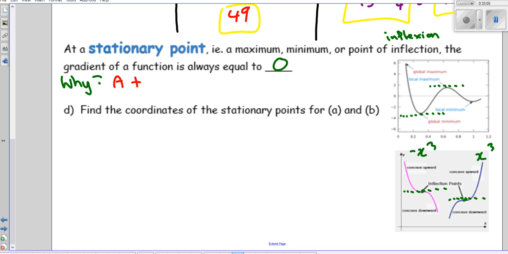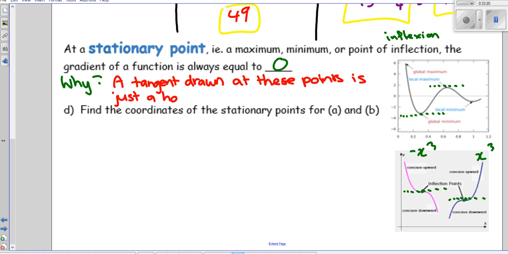A tangent drawn at these points is just a horizontal line, and horizontal lines have gradients equal to 0.